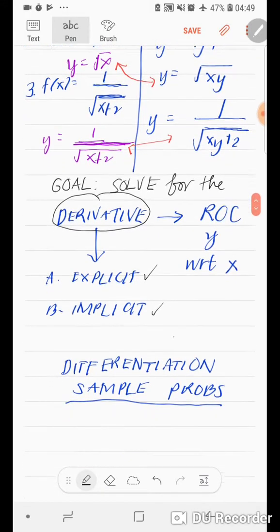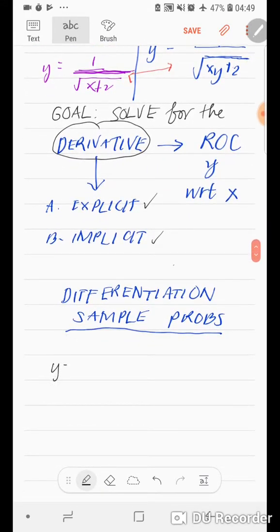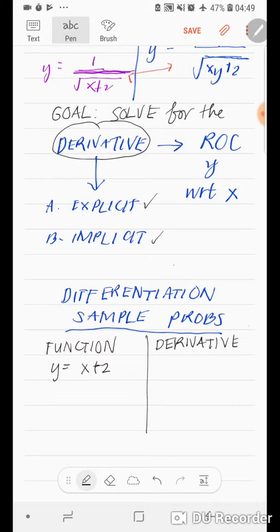So let's first have a problem that involves this one. So for example, we have here the function y is equal to x plus 2. So when we get the derivative, we would obviously have to put this punctuation, and then we all know that the derivative of x, so d of x would always be equal to 1.